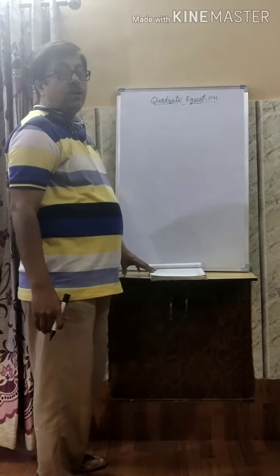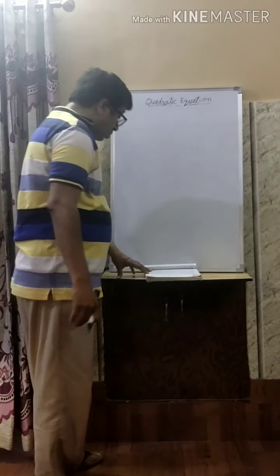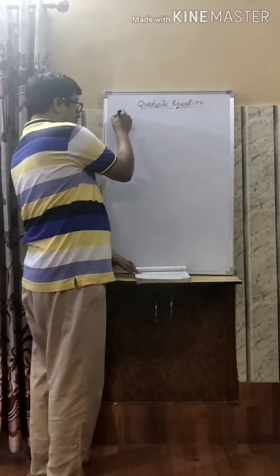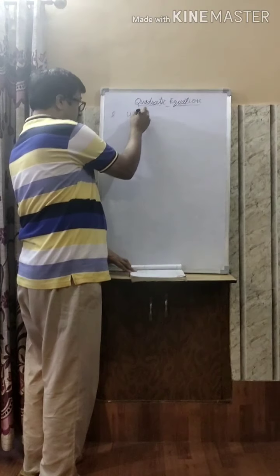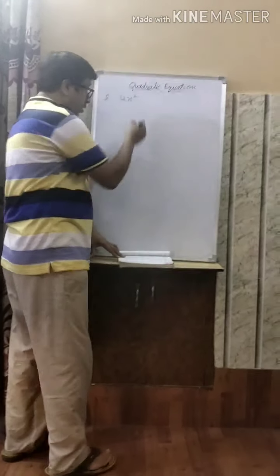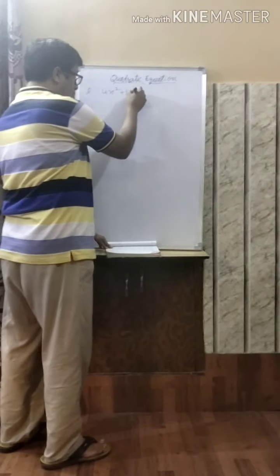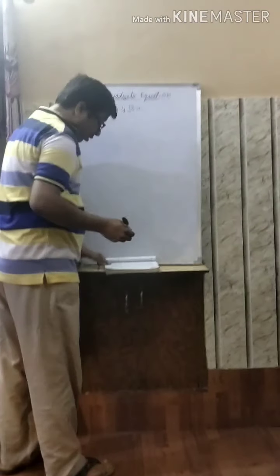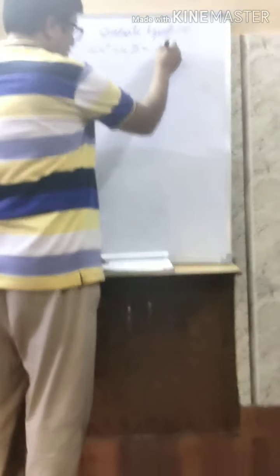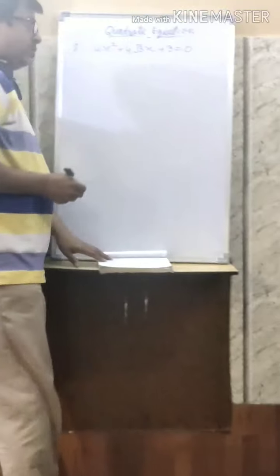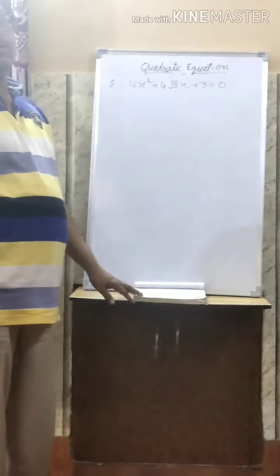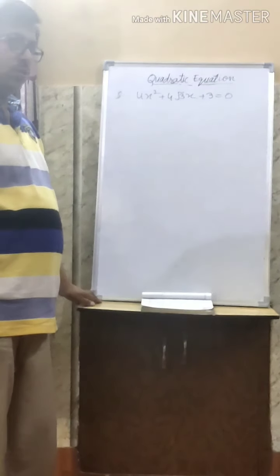Now we are doing one more question. 4x square plus 4 root 3 x plus 3 equal to 0. Find the roots of this quadratic equation.